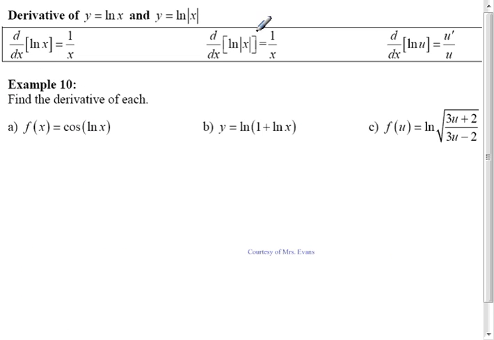So we have three different things here. Our basic function, ln of x, the derivative of that is 1 over x. It's also the absolute value of x. If you remember from our transformations, the absolute value of x just reflects the graph. If you graph that, I believe it would look like that.